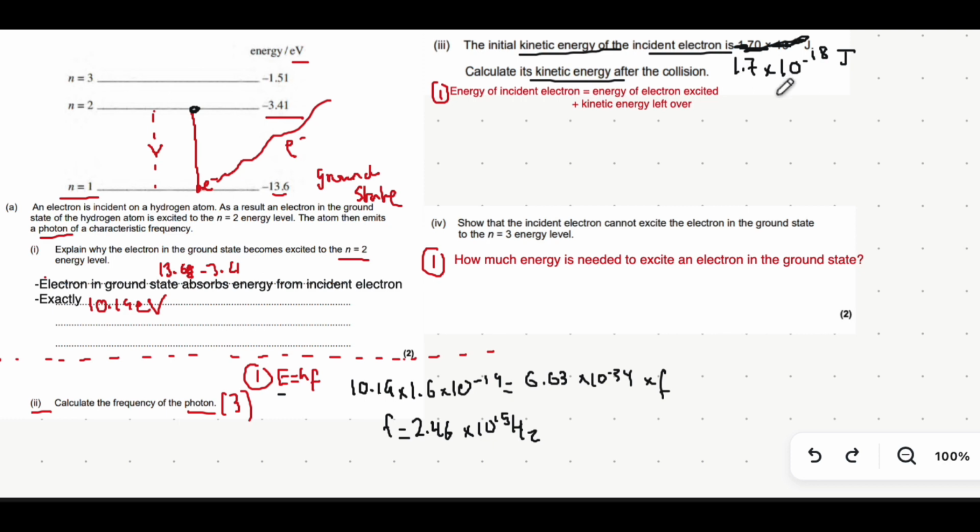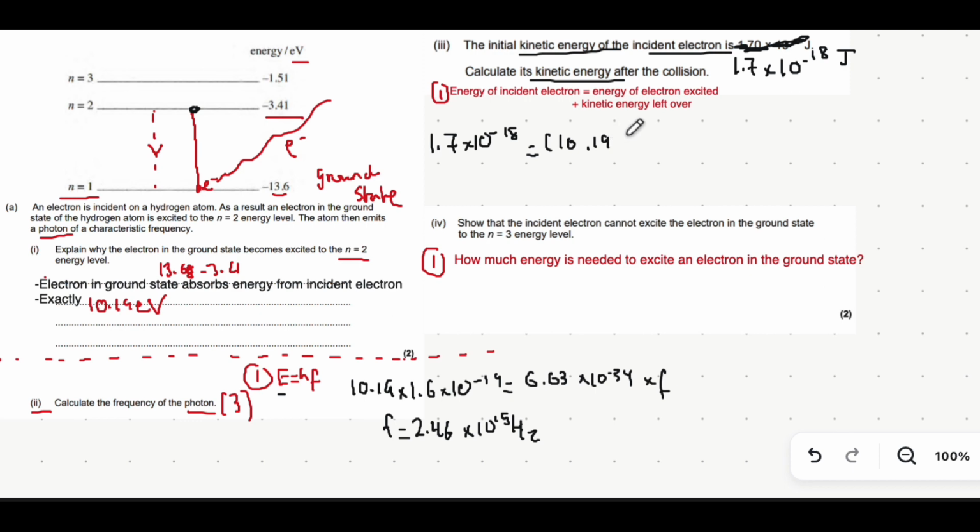So we say that the amount of energy that the electron comes in with, which is given to us in this question, is equal to the energy needed to excite it to that energy level, which, well, we found that that's 10.19 electron volts, which we then converted into joules using this. So I'm just going to write all that out.